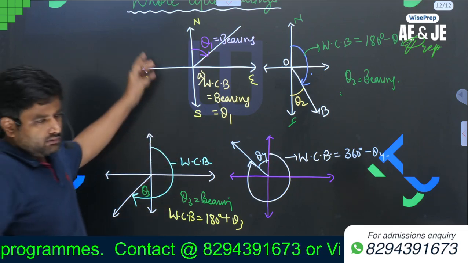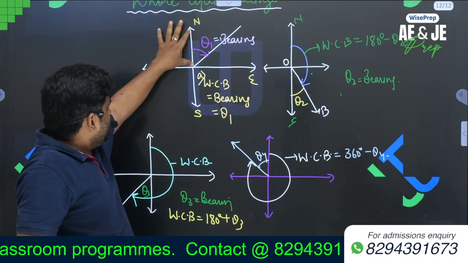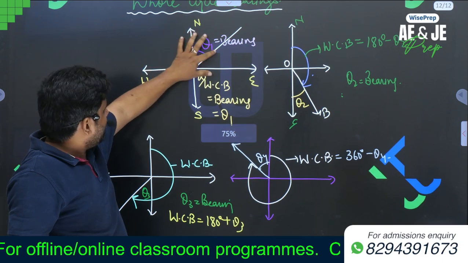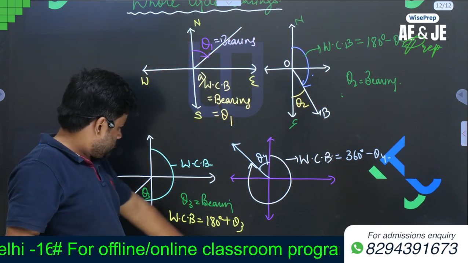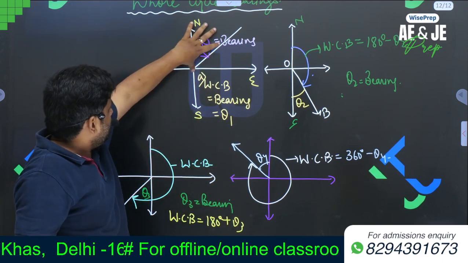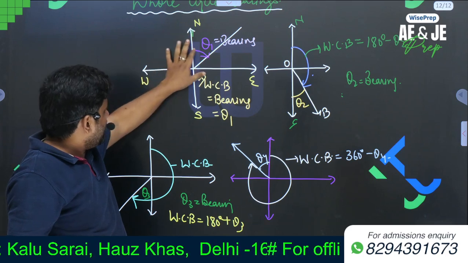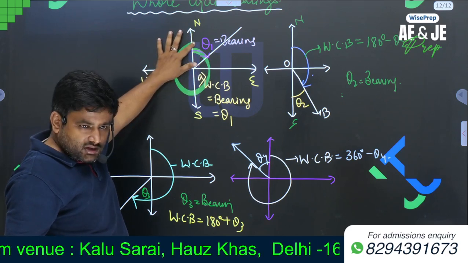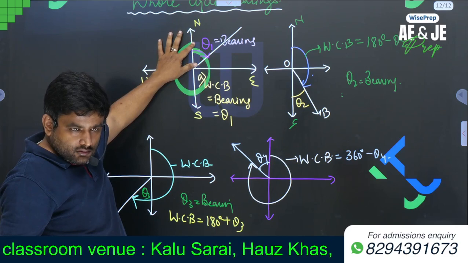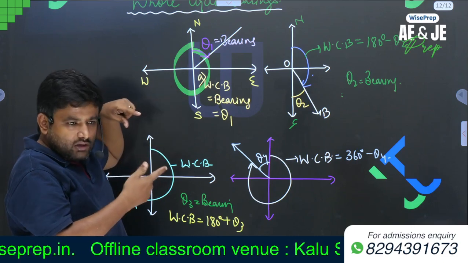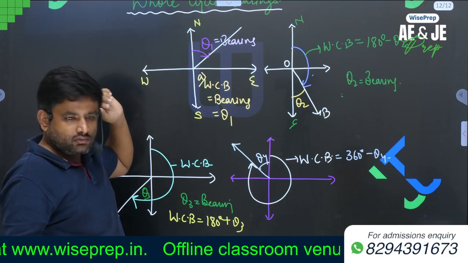Now let's see here. If this line is along north, then its bearing can be 0 degrees as well as 360 degrees. So the value of WCB varies from 0 degrees to 360 degrees.